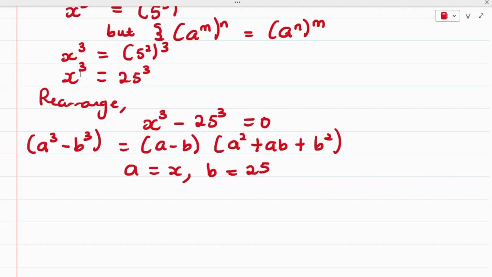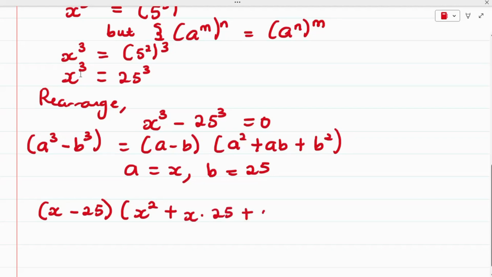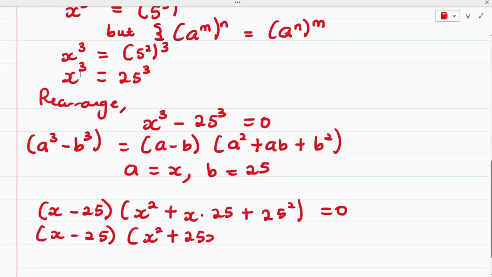So applying this, we have x minus 25 multiply x square plus x multiply 25 plus b square, which is 25 square, and this is equal to 0. And we have x minus 25 multiply x square plus 25x plus 25 square, which is 625, and this is equal to 0.